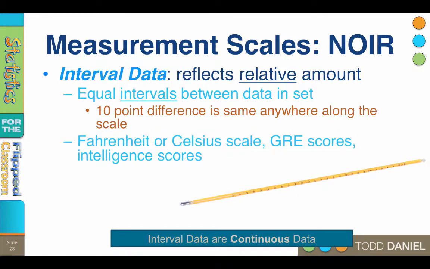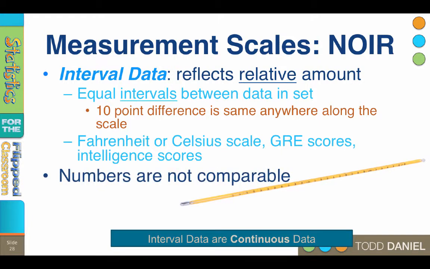Examples of interval scales would include Fahrenheit or Celsius temperature scale, GRE scores, or intelligence scores. Scores on one interval scale are not comparable to scores on another scale. For instance, is 40 degrees hot or cold?